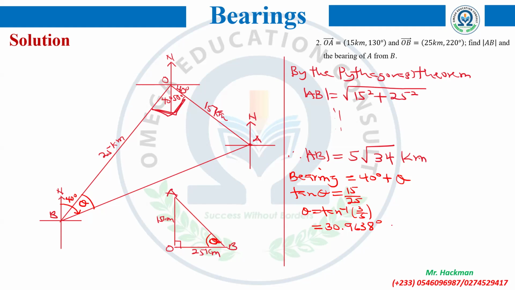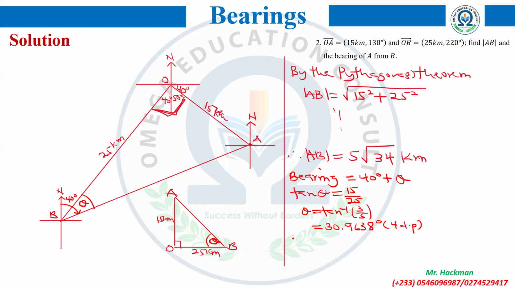But don't forget your degrees. All right, so this is what you have. However, theta is not your bearing, take note. Theta is only a means to getting your bearing.